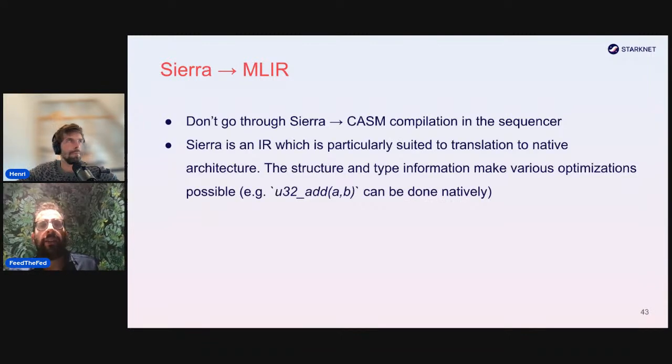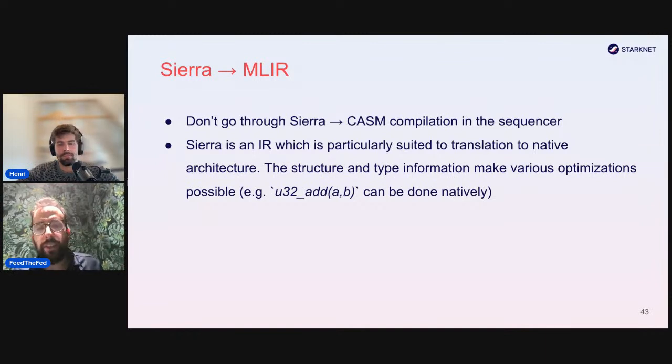And what's interesting here is that in a lot of the instructions, Sierra has information which basically lends itself to optimizations. Let's consider U32 add. That's a libfunc. If you see this libfunc being used, you have an immediate way to translate it into a native assembly instruction, which is amazing for you as the sequencer.